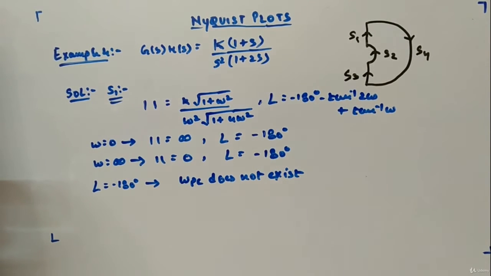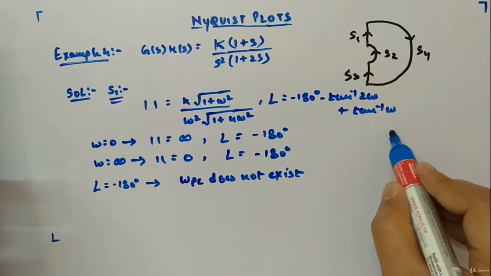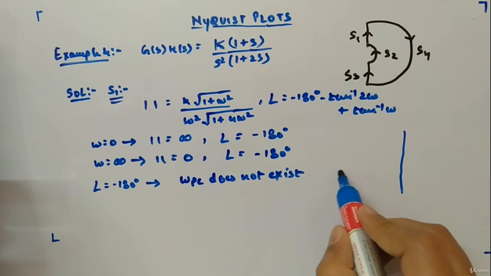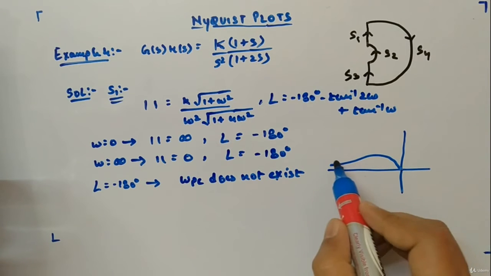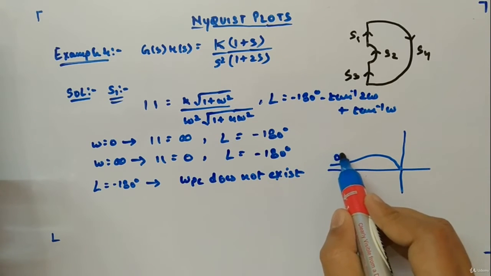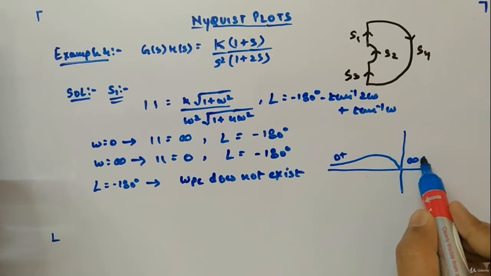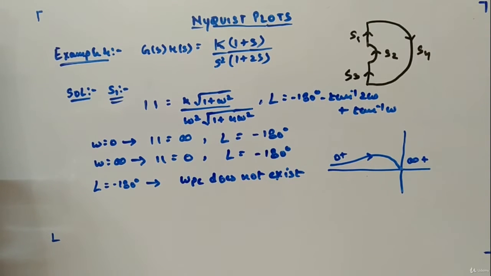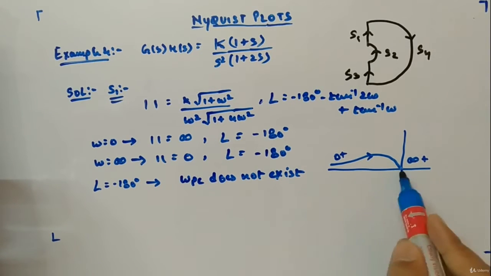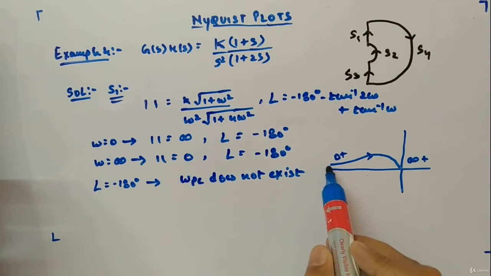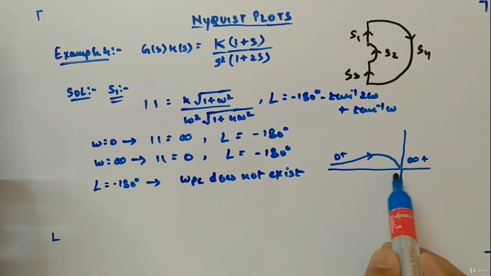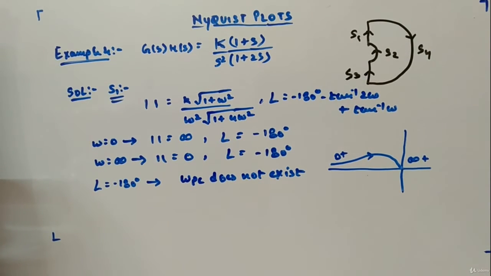So your curve might look like this. This is 0 plus, this is infinite plus, this is how it is going, and it will not cross this minus 180 degree line because omega PC does not exist. So this is our first region, S1.